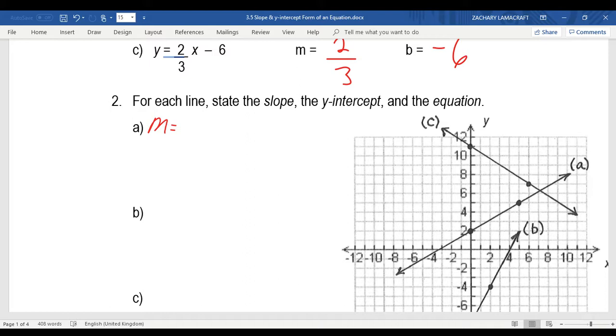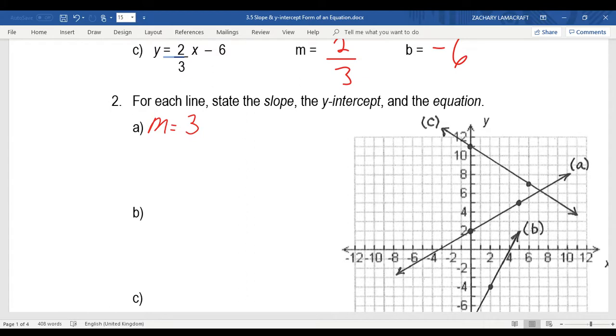Yeah, so we're going up how many? Remember, we just go from one point to the other, okay? 3. So we have a rise of 3. So remember, we just worry about 2 points that we have, okay? So a rise of 3, and what's our run?